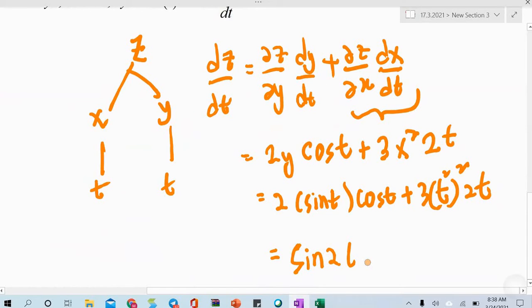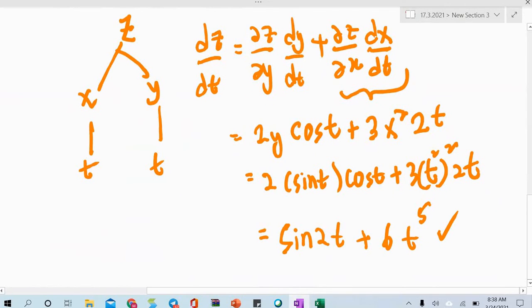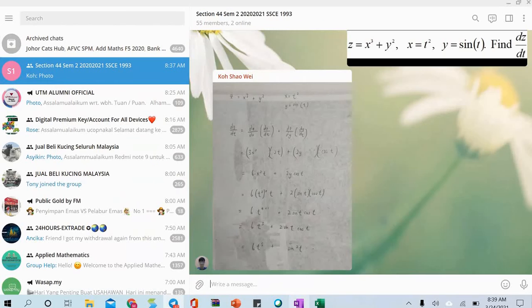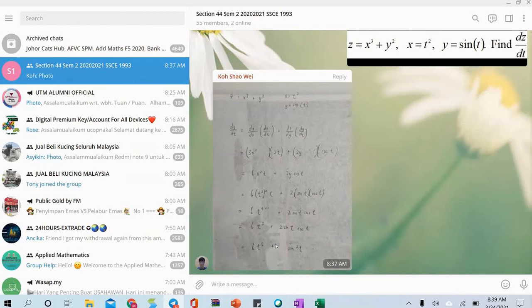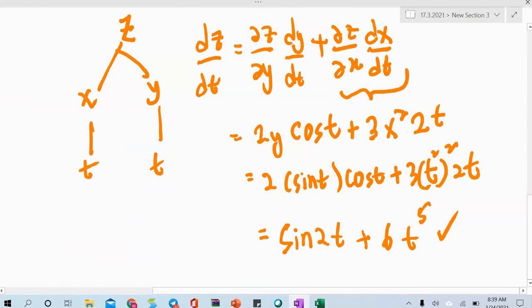This is 6 t to the power 4 plus 1, 5. Okay, it's correct. So I think it's easy, right?